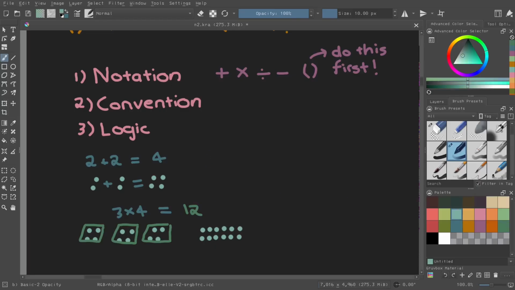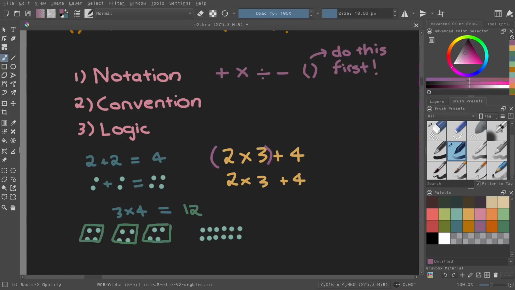This is where convention comes in. Let's say you've got this example: 2 times 3 plus 4. One way you could interpret this, and we're going to use our notation for brackets here, is by saying you can do 2 times 3 first and then plus 4.